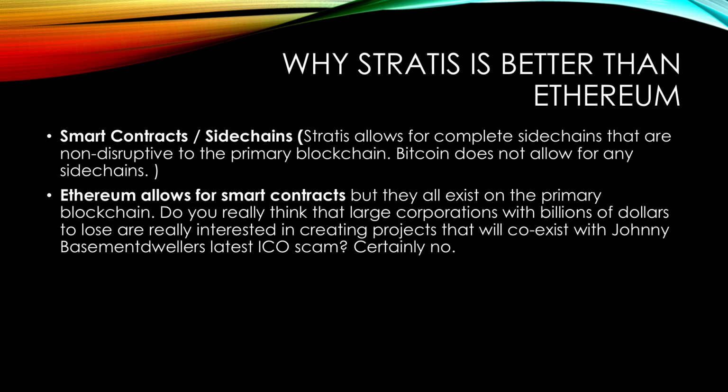Let's imagine we've got one particular road, and on that road there are different lanes. So every company or platform that decides to use the Stratis platform is going to have their own particular sidechain, ladies and gentlemen, and that's very important. It's very cardinal, as opposed to Ethereum, which only uses one primary blockchain.